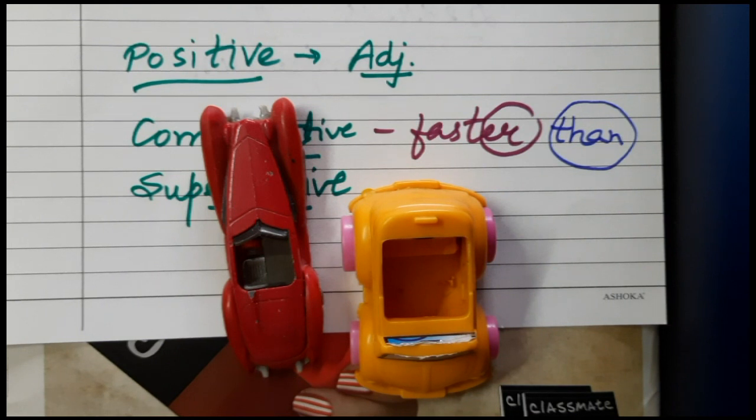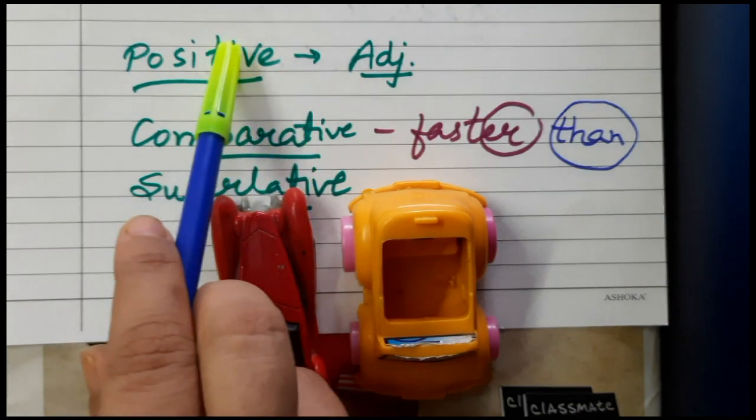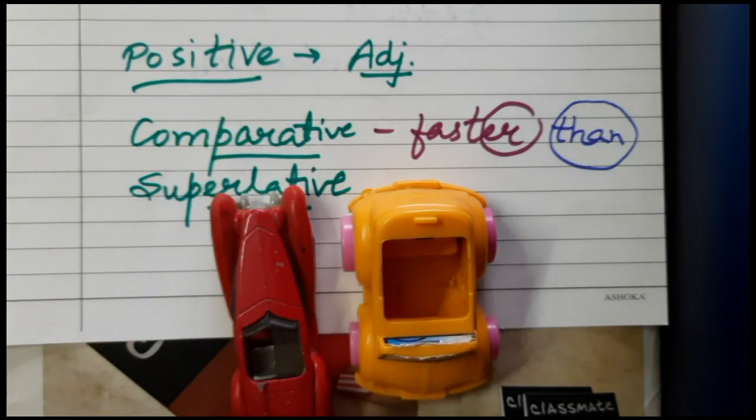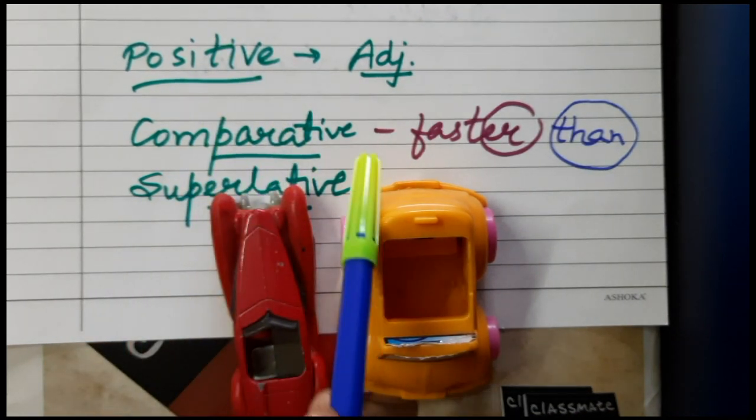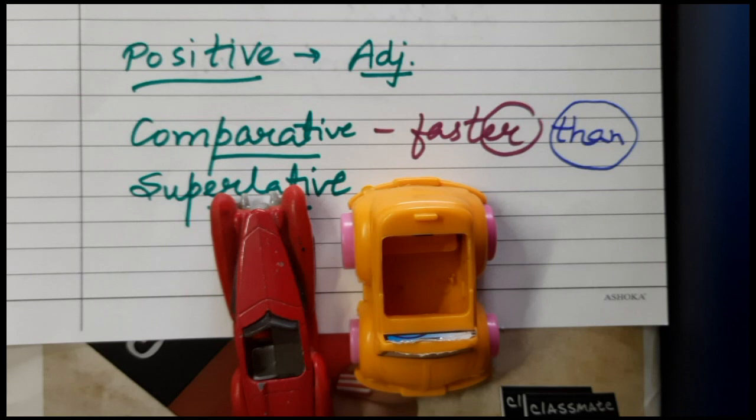So what have we learned now? We have learned that when we compare the two objects, our adjective changes from positive degree to comparative degree. And when we make comparative degree, we actually add the word er. Now not everywhere.